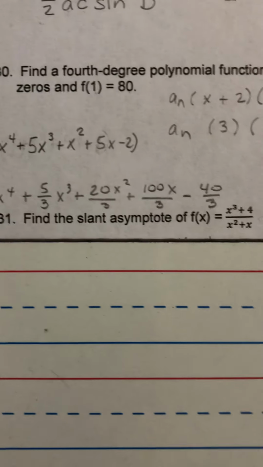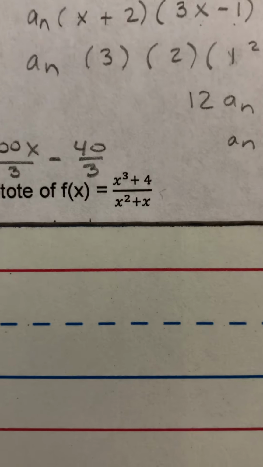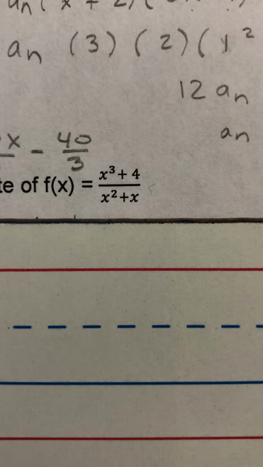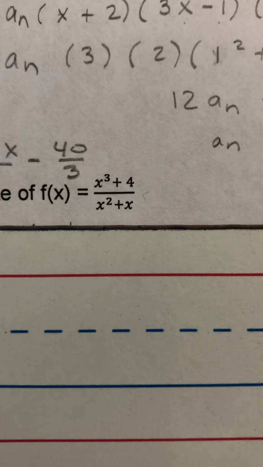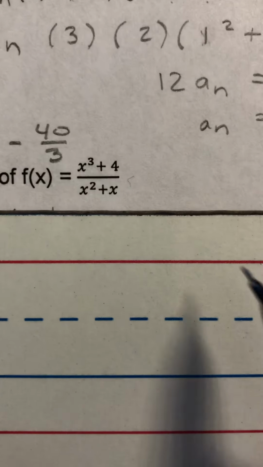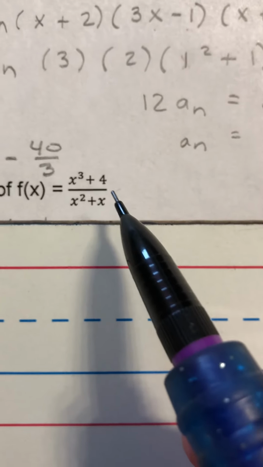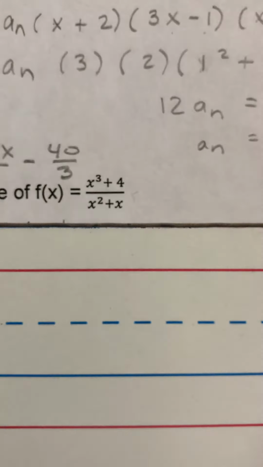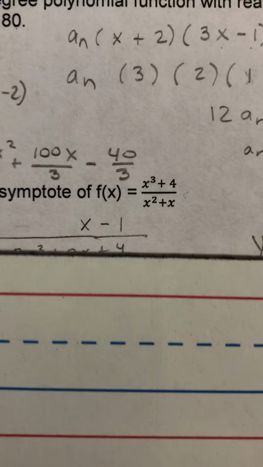Problem 31, find the slant asymptote of f of x equals x to the 3rd plus 4 over x squared plus x. To find a slant asymptote, you use long division of polynomials.